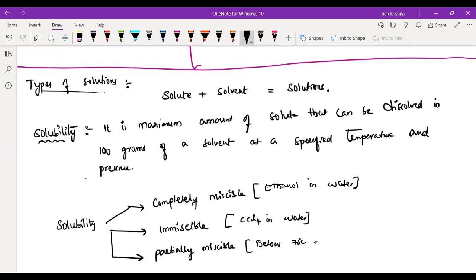Below 70 degrees Celsius, phenol will dissolve only partially in the water. So these are the three types of solubilities.